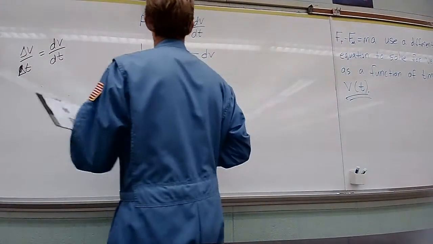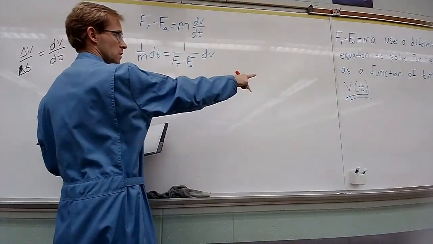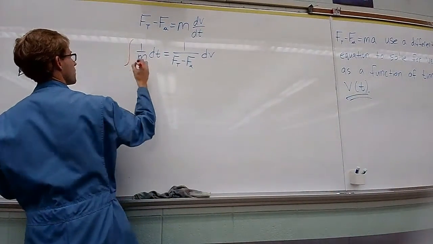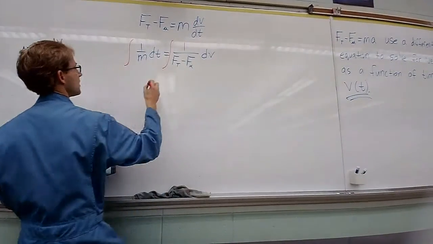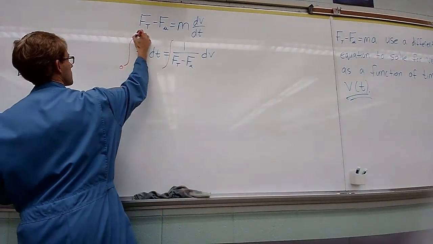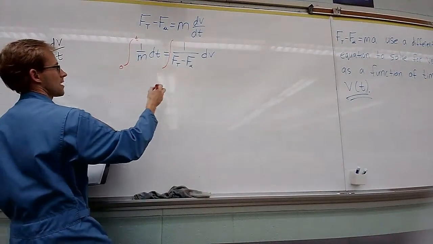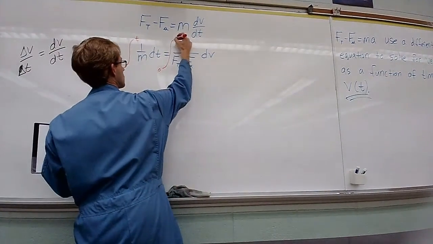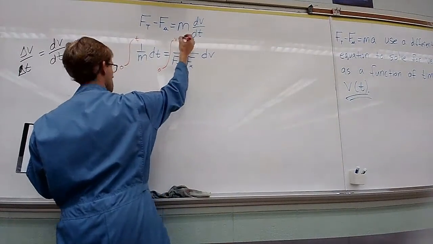Now, if they tell you to do it with v of t, that means you have to start putting limits on your integral. With time, your limits are always going to be from 0 to whatever t is. For velocity, it's going to be 0 to v of t.